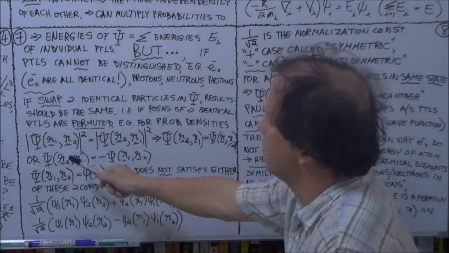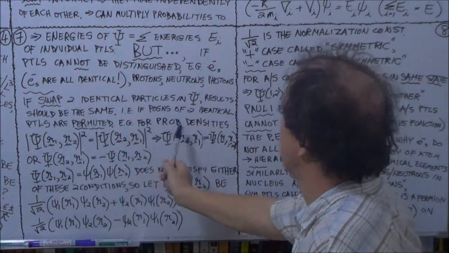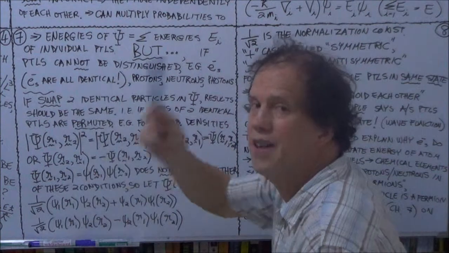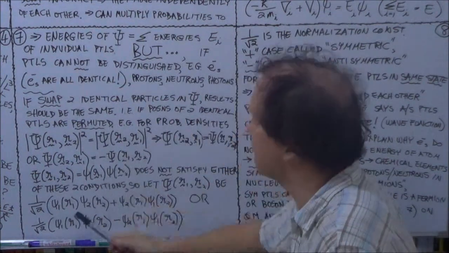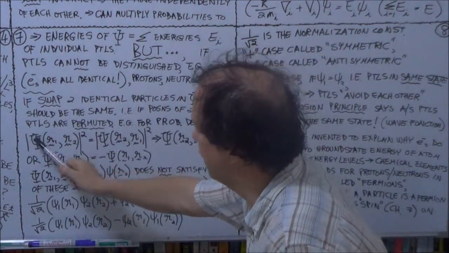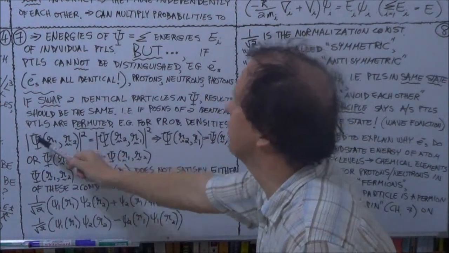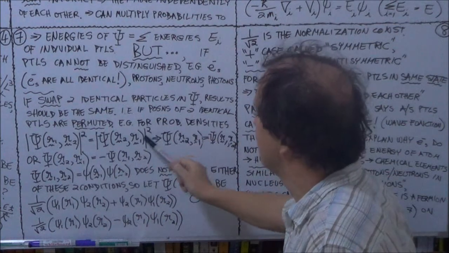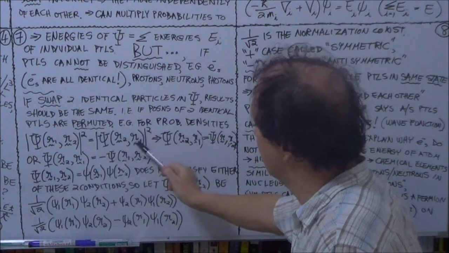So in terms of your probability densities, let's say we have just a 2-particle system, but 2 identical particles. Then capital Psi of R1, R2, squared, that probability density, should be just the same as big Psi of R2, R1 squared, right?